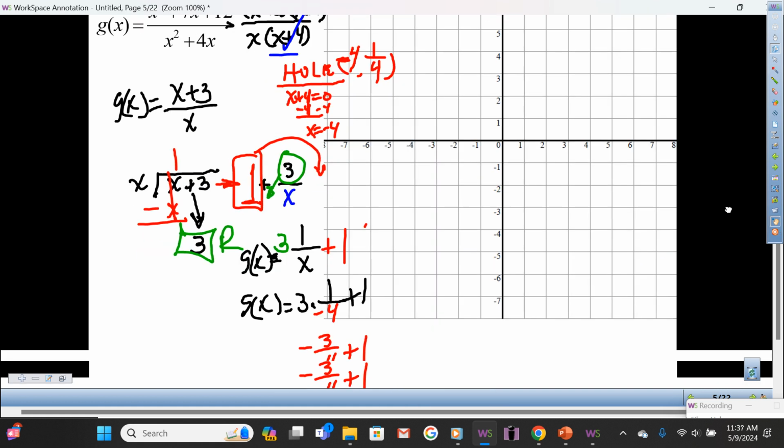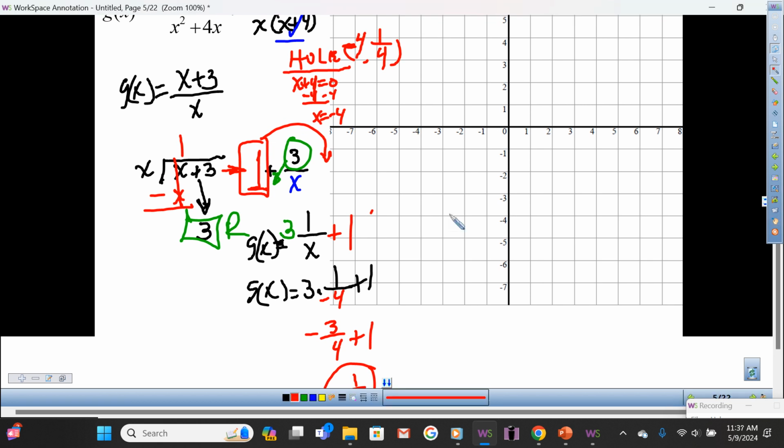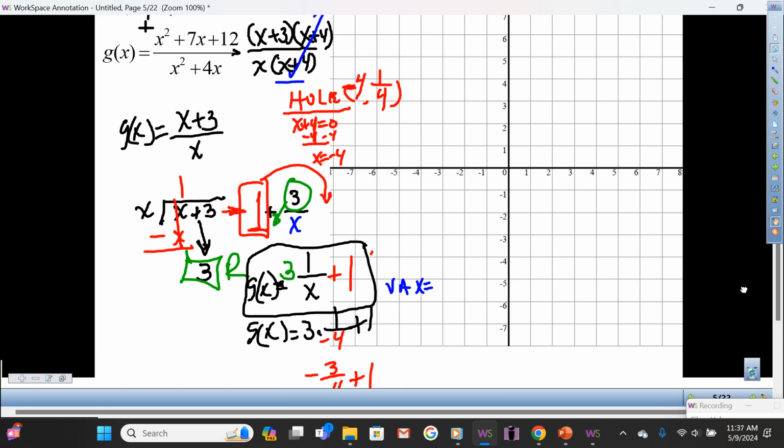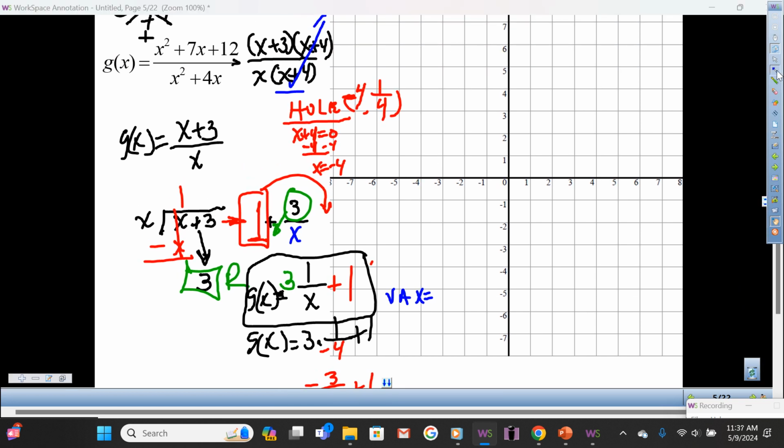All right. So, Jay, pass it to someone so they can help me graph this new equation right here. Bless you. VA, x equals. Danelli, VA, x equals.